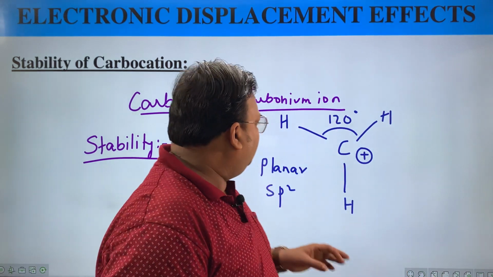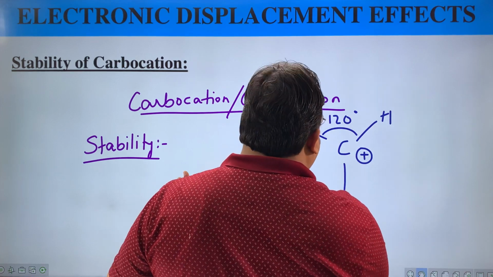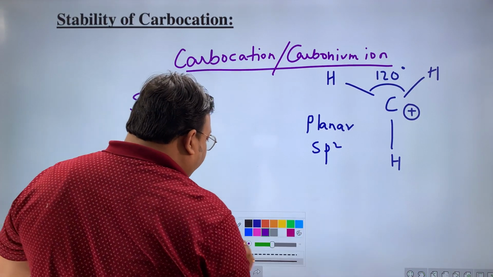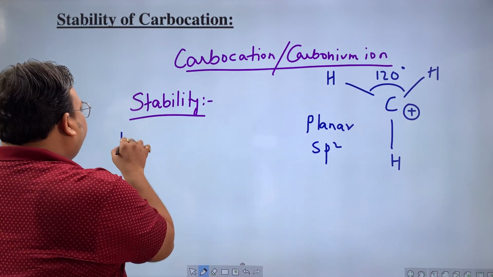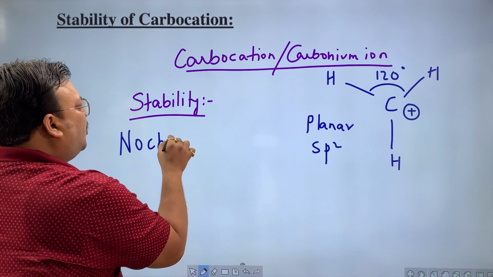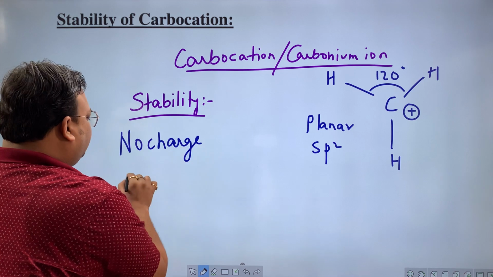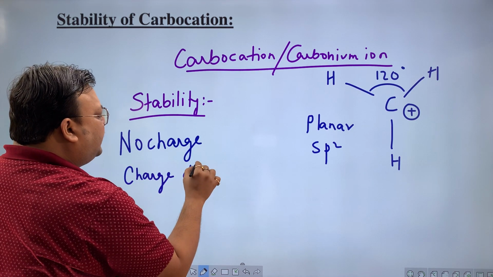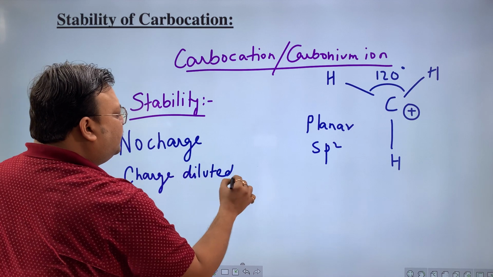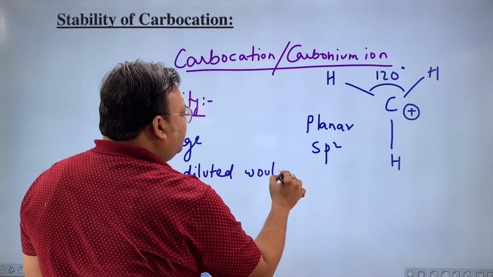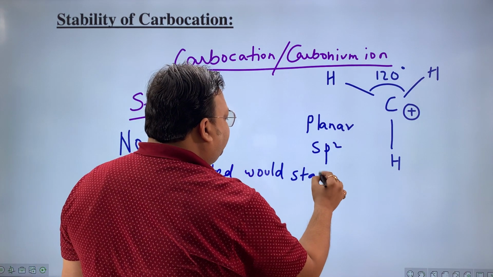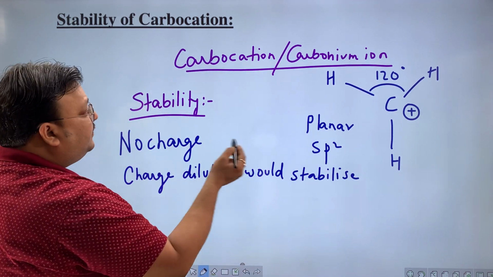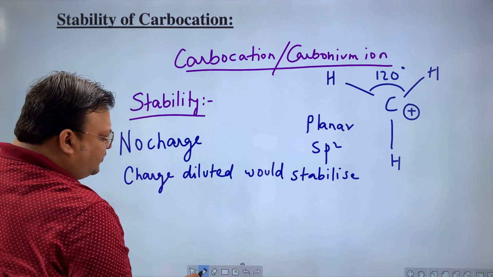So I repeat, in general, the basic fundamental rule for stability would be either there should be no charge, or whatever the charge is, positive or negative, charge dilution would stabilize the species. So either there should be no charge, but because we are talking about charged intermediates, carbocation always has a positive charge.